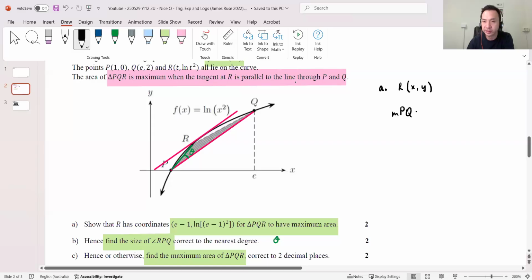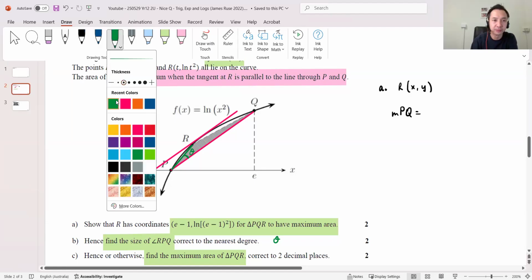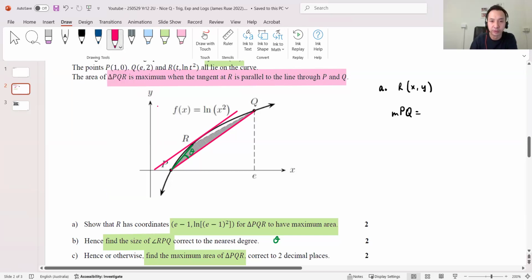Q has the coordinates e and 2, and P has the coordinates 1 and 0. Very easy.